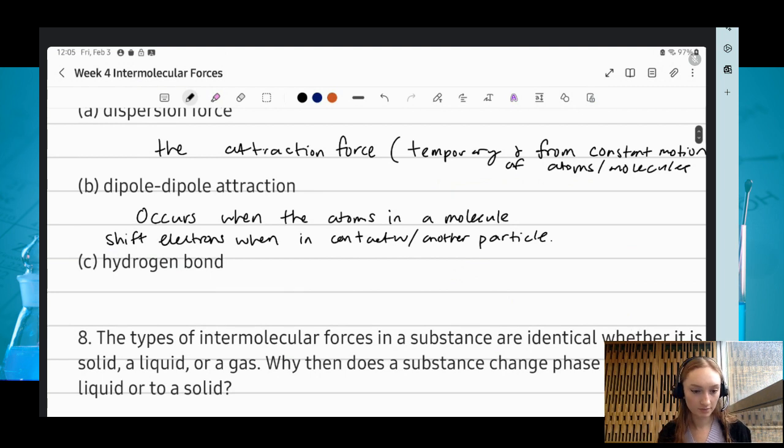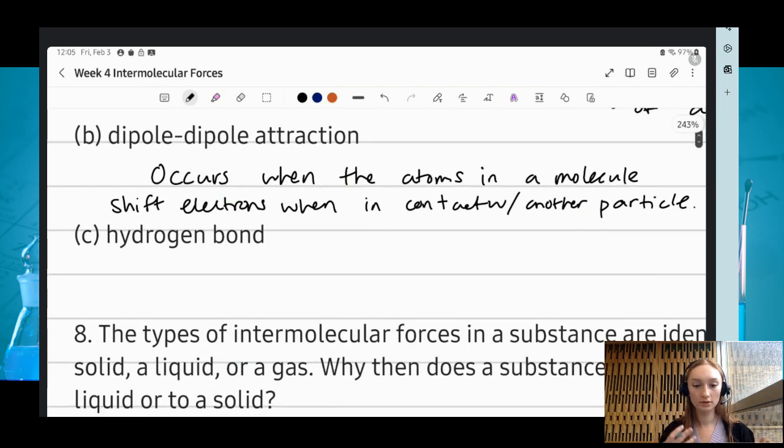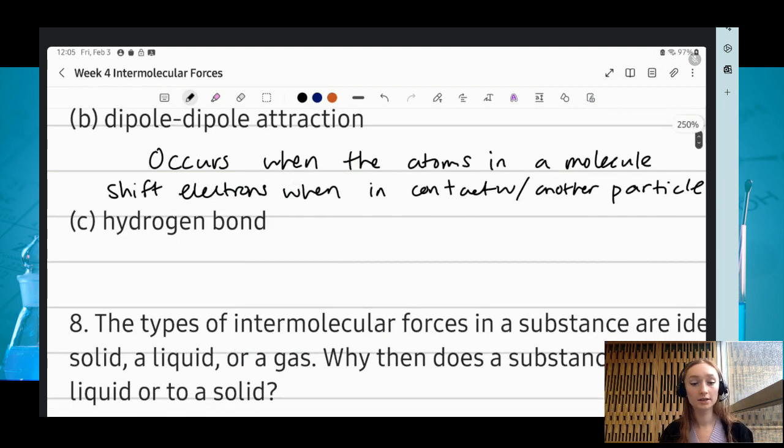And so hydrogen bonding is similar to the dipole-dipole attraction, but it is when hydrogen is attracted to an electronegative atom, which is oxygen or I believe fluorine. The hydrogen is highly attracted to the highly electronegative atoms, and then it creates a partial charge because of that shift.